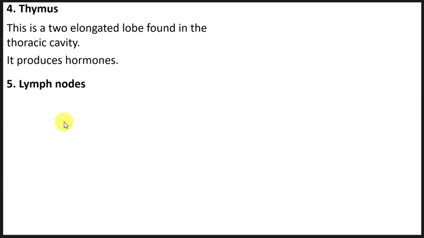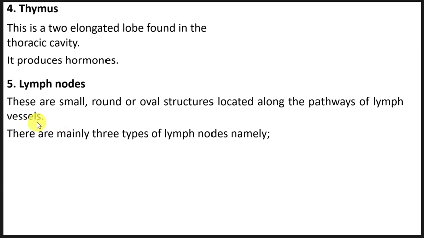So these lymphatic nodes here are very important. We are saying these are small, round or oval structures located along the pathways of lymph vessels. Okay, then there are mainly three types of lymph nodes.